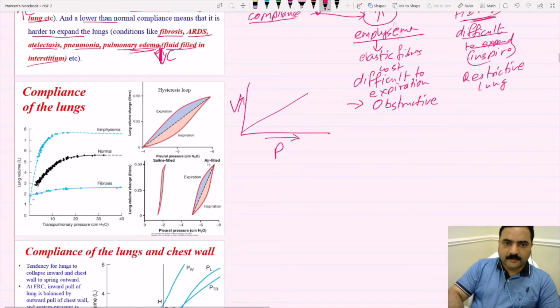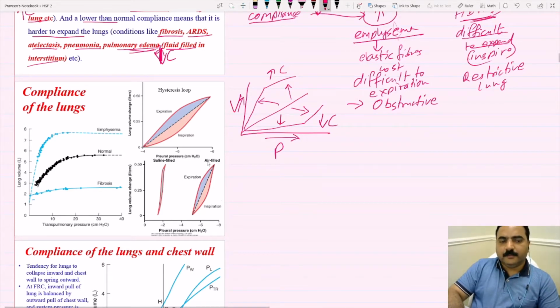When we shift this line to the left or upward, that means there is increased compliance. If we shift it down or to the right, this means there is decreased compliance. So that is the meaning of the graphical representation.